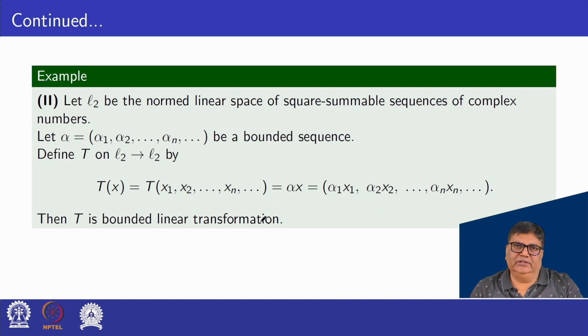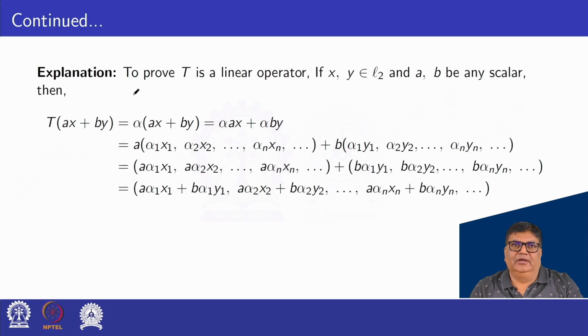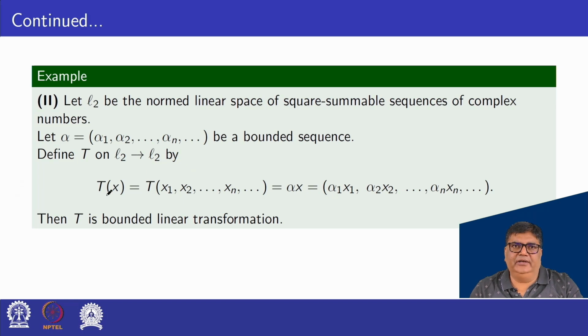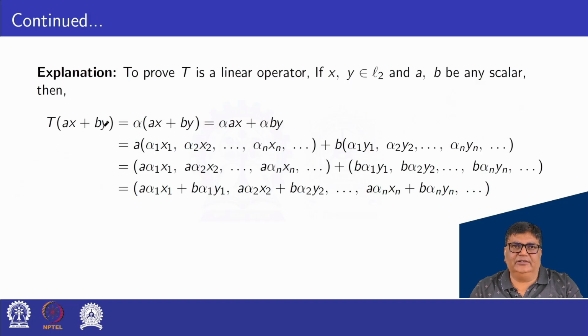So how to say this is a bounded linear transformation? Let us prove it. First we prove T is linear and then bounded. So first prove T is linear. If x, y belong to L2 and a, b are scalars, then as per the statement Tx equal to alpha x, T of ax plus by can be written as alpha into the vector ax plus by.